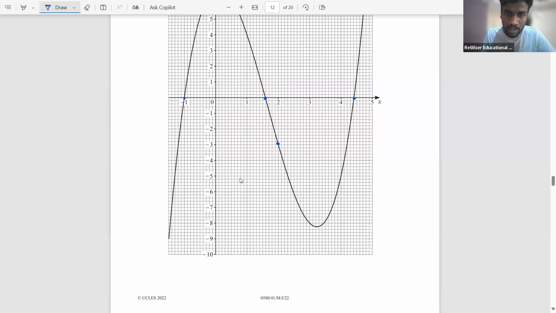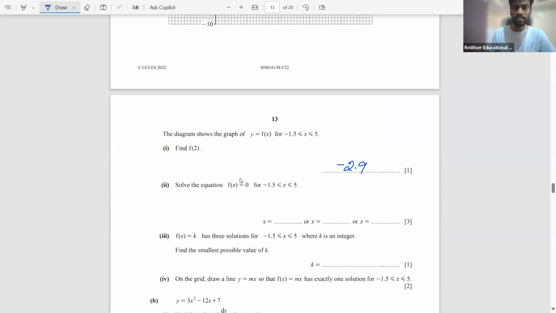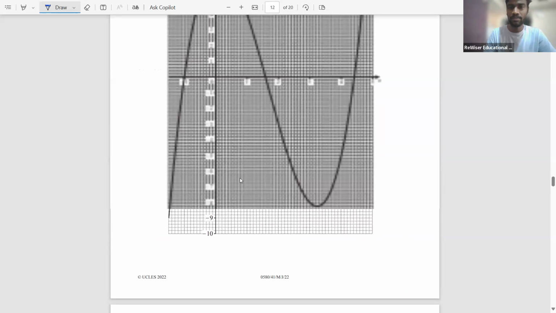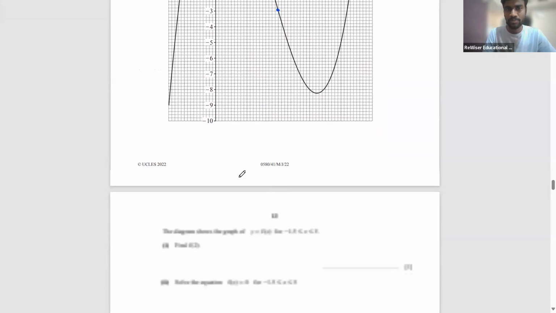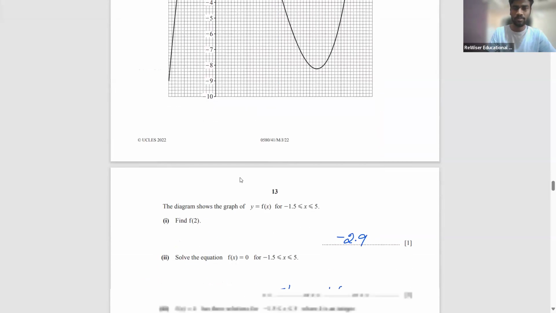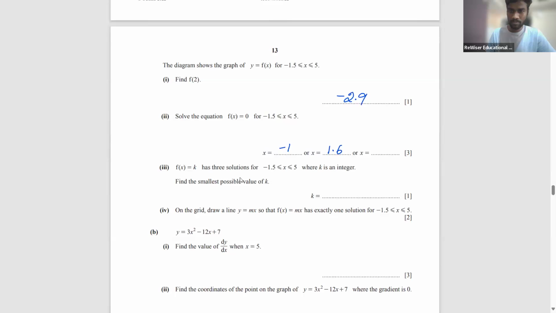And this is 1, 2, 3, 4, 5, 6, so which is 1.6. And this is 1, 2, 3, 4. So we have negative 1, 1.6, then we have 4.4. And this is the right answer for part 2.